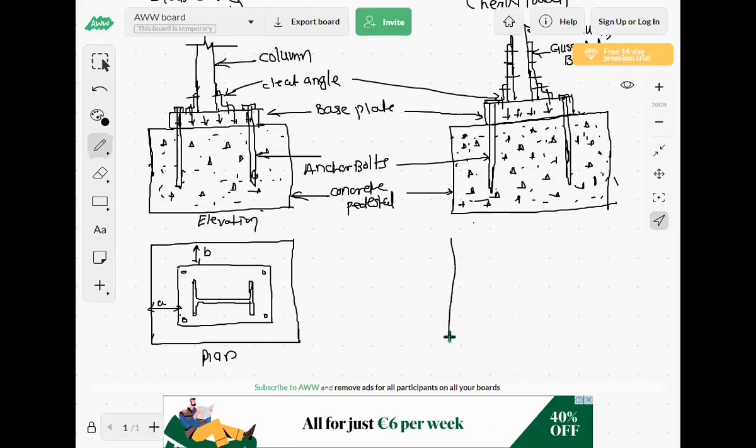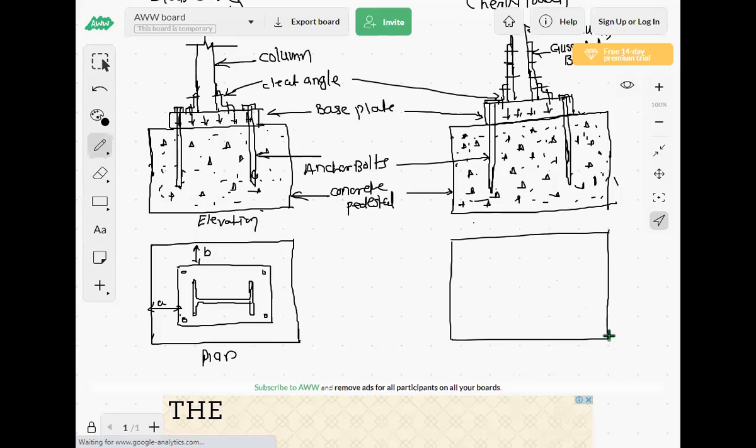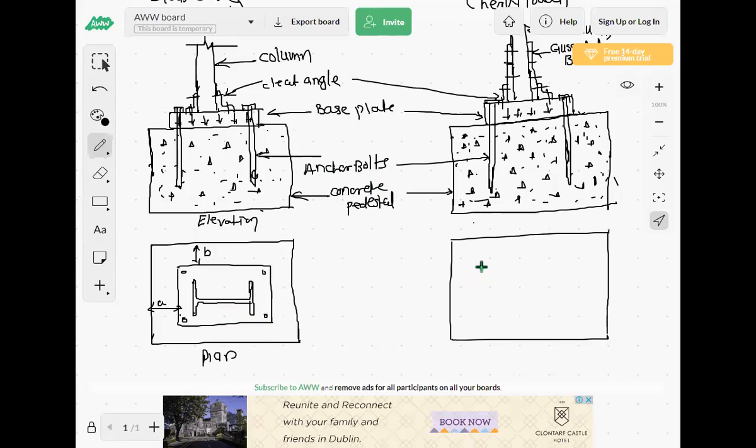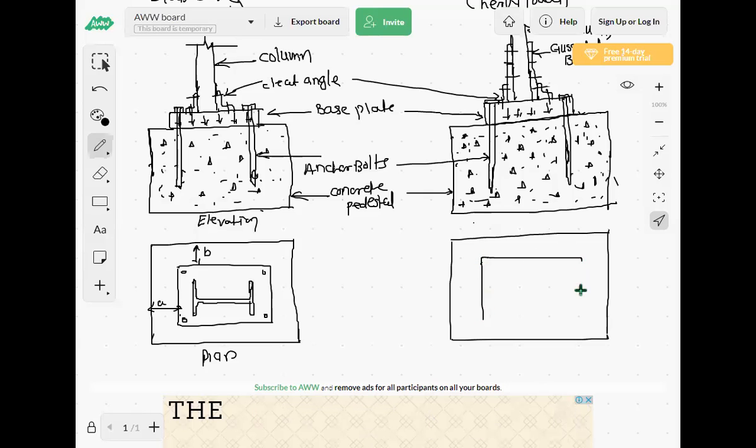The same structure, the same plan, we can draw here. Again the base plate is there.